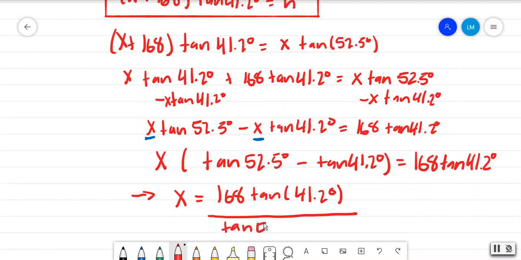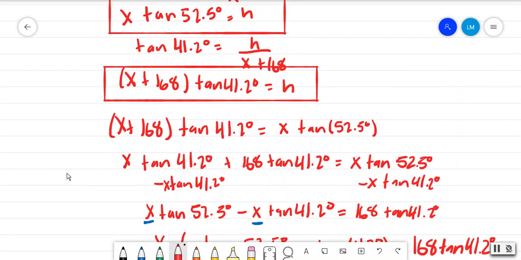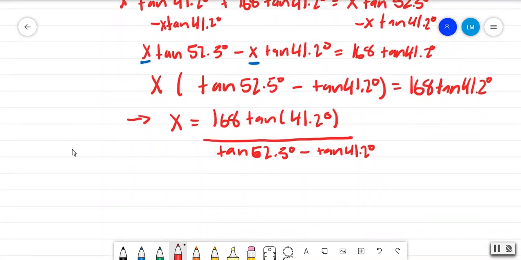So you have tangent of 52.5 minus tangent of 41.2 degrees. Now, this is where you have no choice but to plug it into your calculator. This is only going to tell you what x is equal to. Then from there, you're going to multiply that by tangent of the other angle measure, but we'll get there.